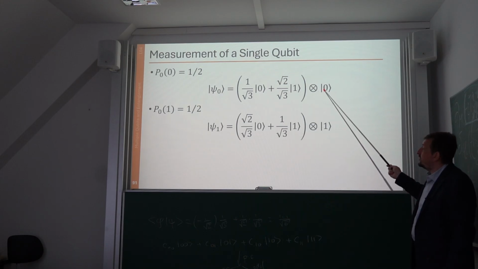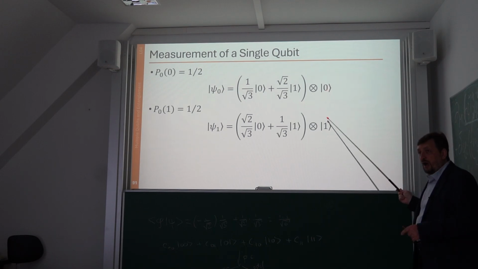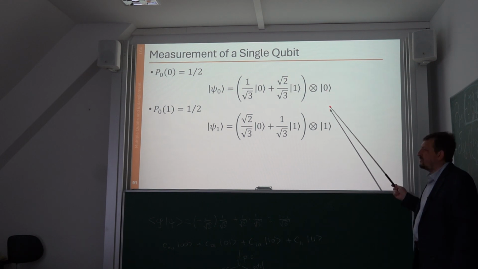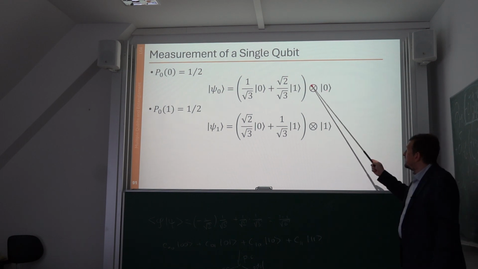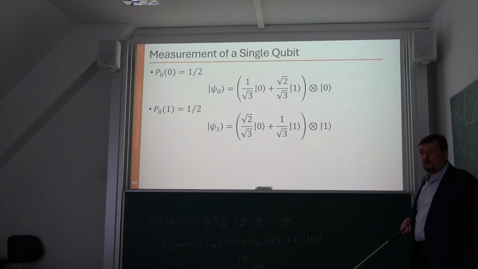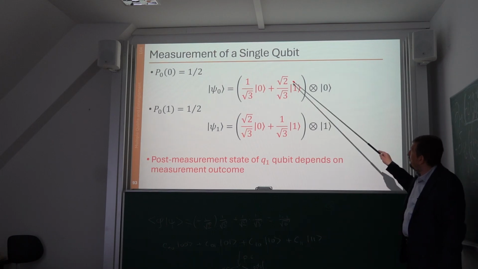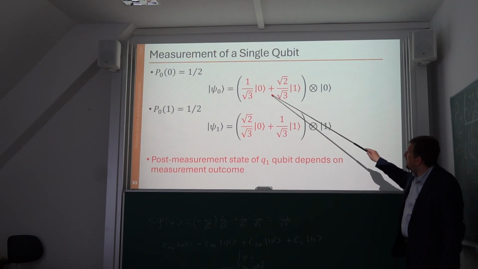If outcome 0, well, qubit 0 is in this state 0. So I measured only this qubit. So after the measurement, I know its state. But the state of the other qubit may be different. And what is important here is that when we compare these two states, you see that they are different.